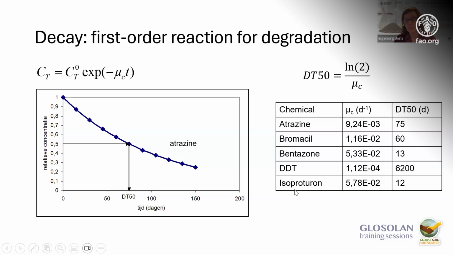For isoproturon, for example, which is a herbicide used in corn, it's only 12 days. So after 12 days, your concentration is halved. 13 days for bentazone, and these are some other examples. So this is a third very important parameter for your substance. We already had the KOC or the KD, the Henry coefficient, and now we also have the half-life.